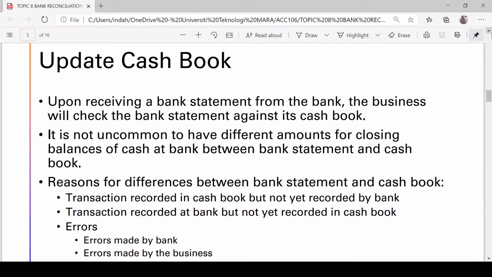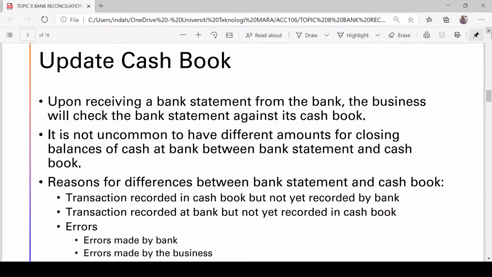Let's say, for example, today you write your check and issue it to your account payable for the payment of your credit purchase. There is a possibility that your account payable will take maybe one or two days to bring the check to the bank for check clearance.